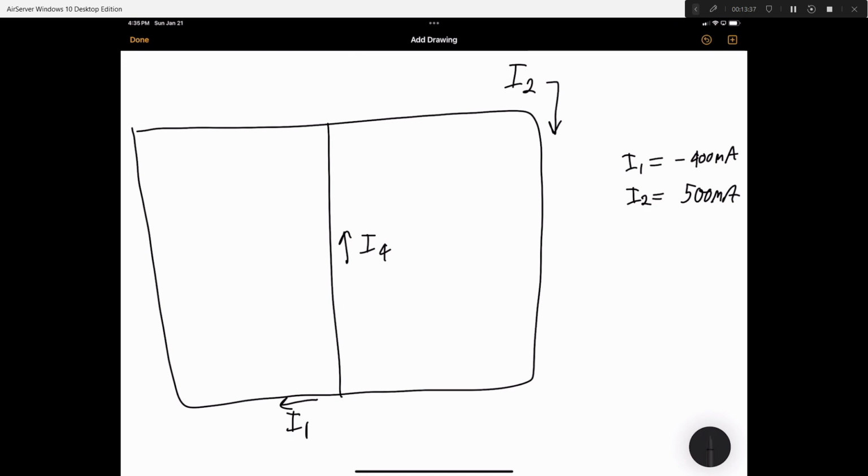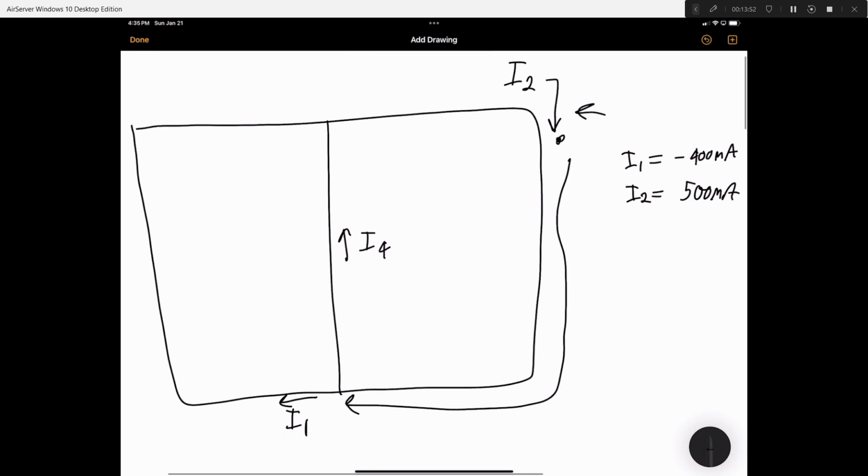So how do we find that? Well, Kirchhoff's current law states that when this current, up here, travels down and then splits off here, these 2 currents added together must equal the original current, which is 500 milliamps.